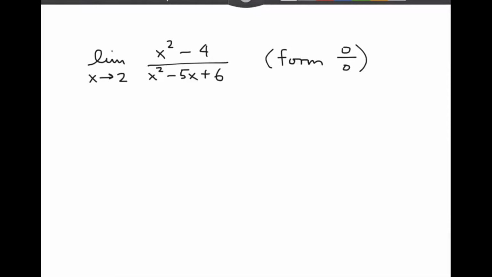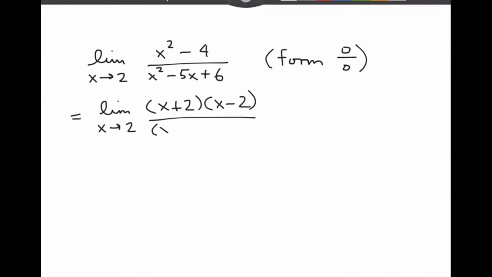So what we did in Calc 1 was we would factor the numerator and denominator like this. The denominator factors into x minus 2, x minus 3.